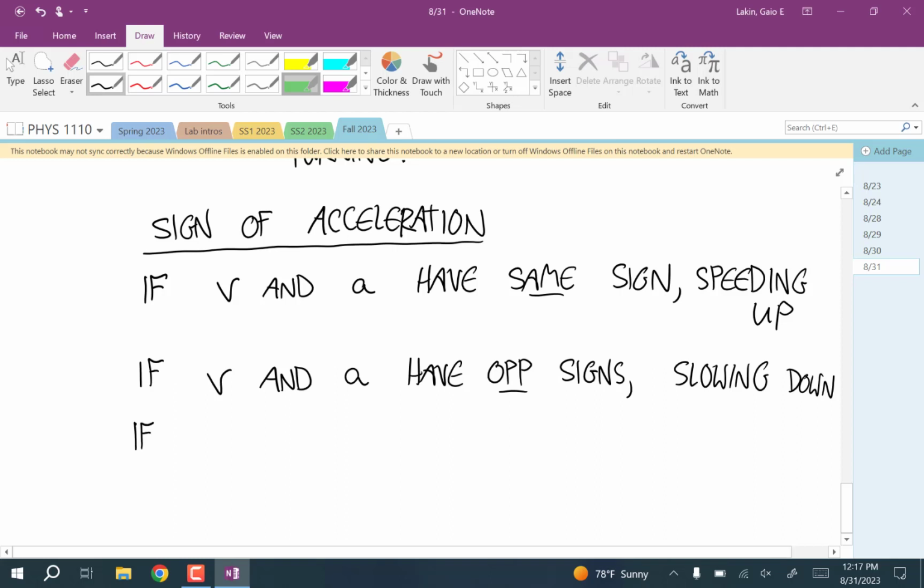The only other possibility if you have acceleration is that the velocity is equal to 0. Well, it can't be slowing down if the velocity is 0 because it's stopped. So this means that the object is speeding up in the direction of the acceleration sign. Okay? So the object is speeding up in the direction of the acceleration.